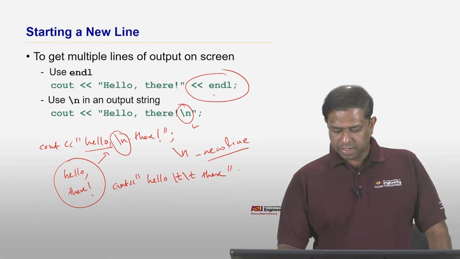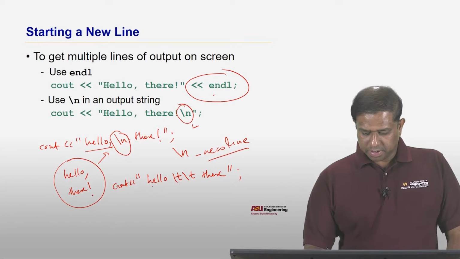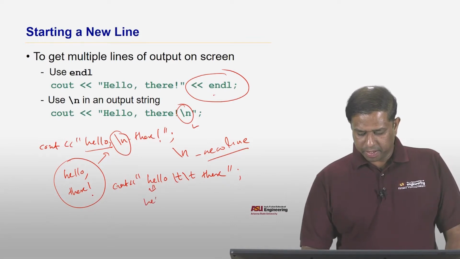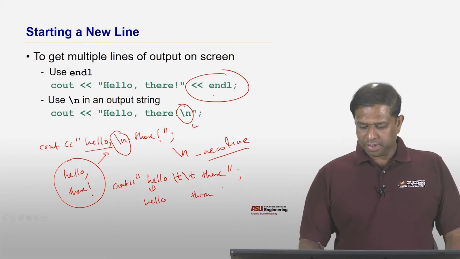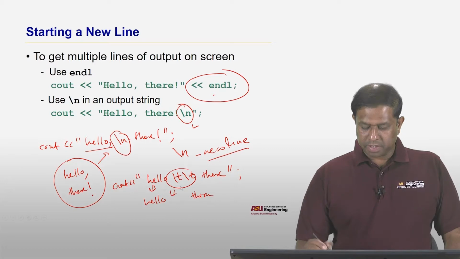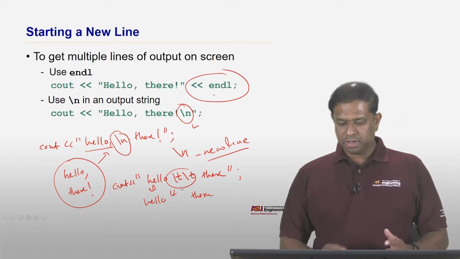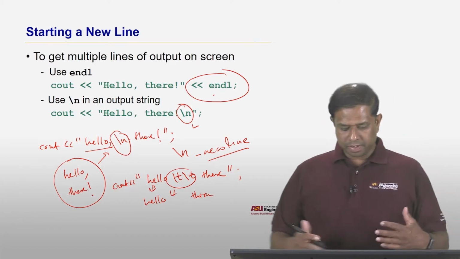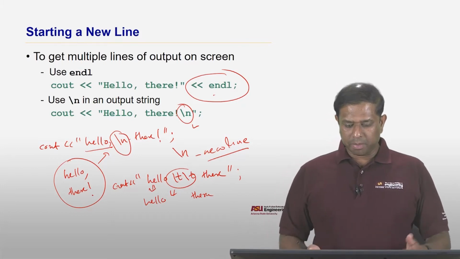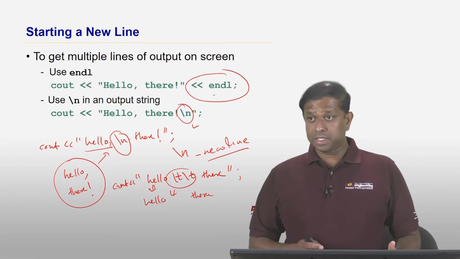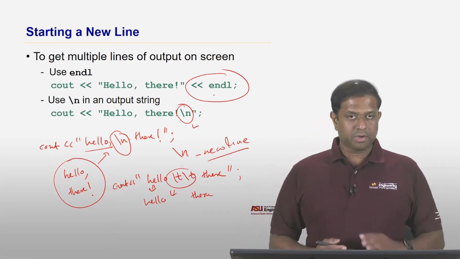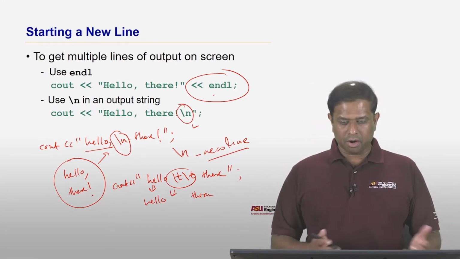So if I do this, this is what is going to happen: it's going to display hello and then put two tab spaces, and there will be printed here, right? So then this one is going to give us more tab spaces. All right, so that's different ways of formatting and aligning the output. So later we are going to talk about a few more constructs associated with the cout object as to how to develop much better looking output on the monitor.